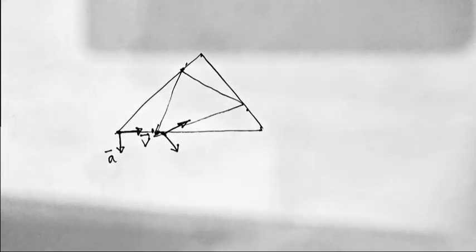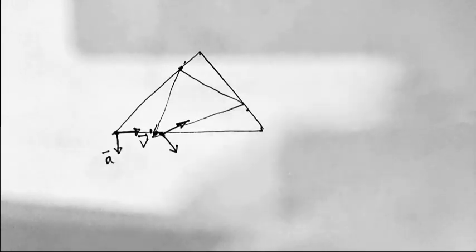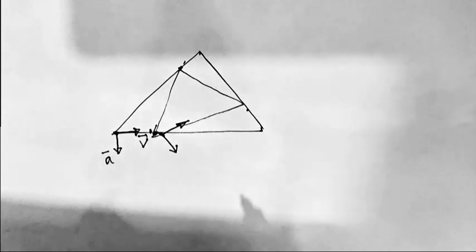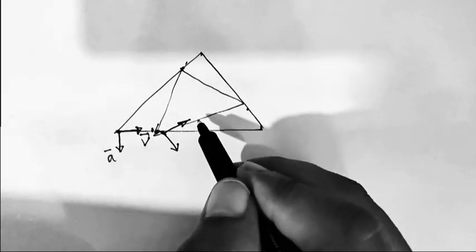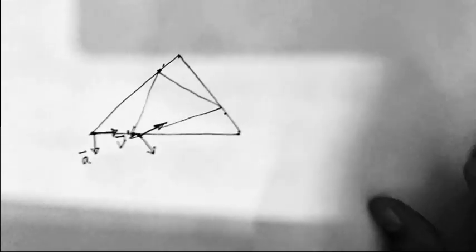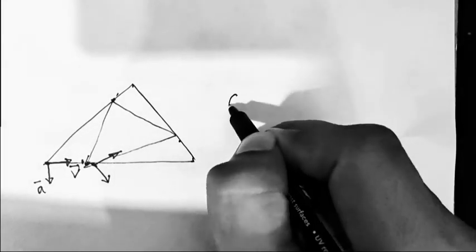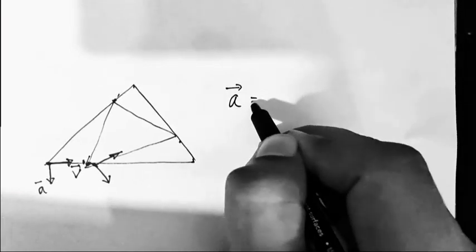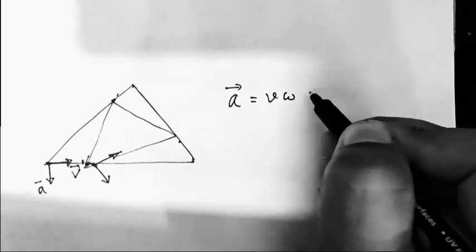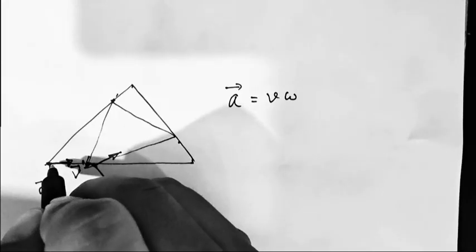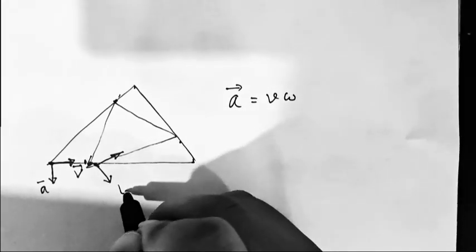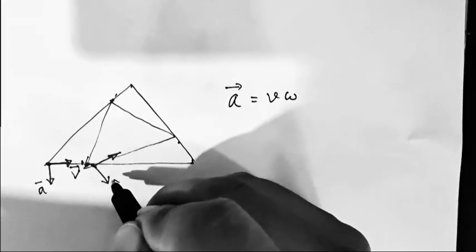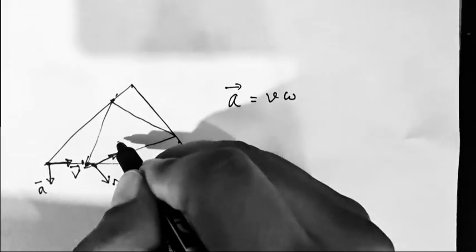So please understand, this acceleration vector keeps on changing in direction, but it is always perpendicular to the velocity vector. That is the main point. And how much did we find it to be till now? So acceleration was equal to v omega in the direction of the unit vector t cap, which I have chosen perpendicular to v bar. This is your v cap.